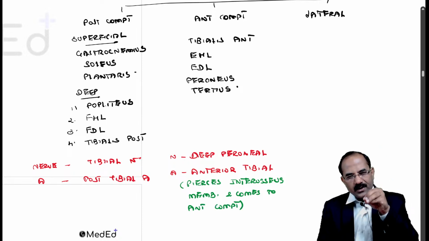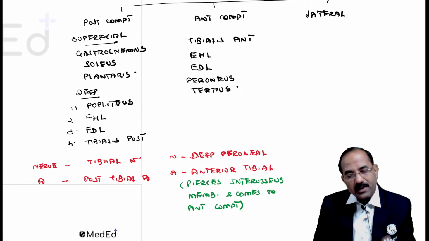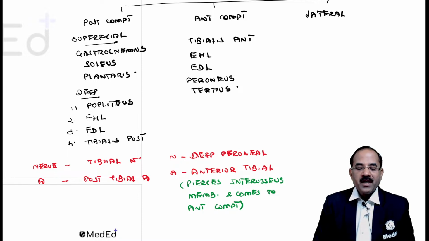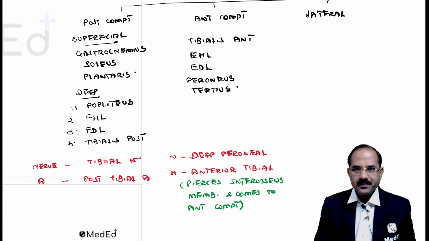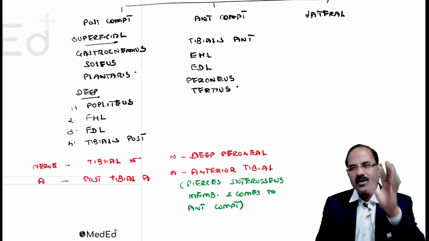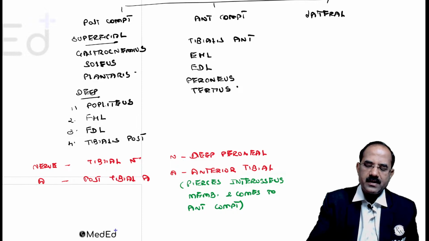So the anterior tibial artery is going to pierce the interosseous membrane. It is actually present in which compartment? Posterior compartment. Remember. So it pierces the interosseous membrane and then comes to the anterior compartment. What is the action of the muscles of the anterior compartment? Dorsiflexion.